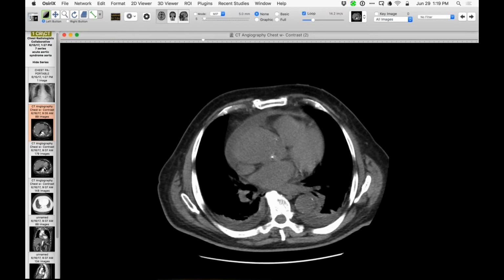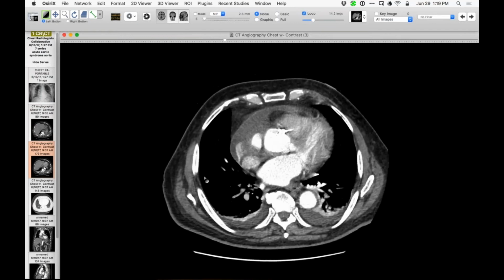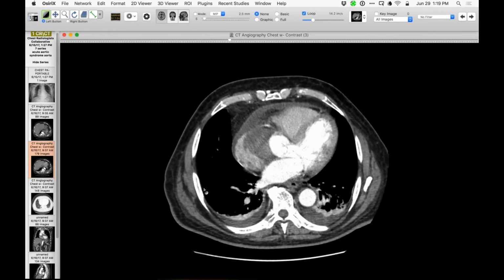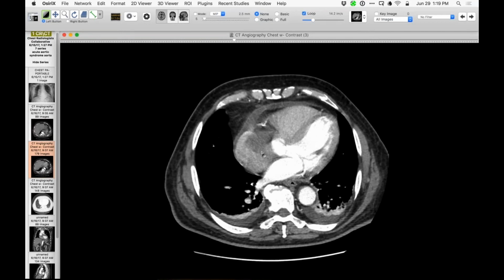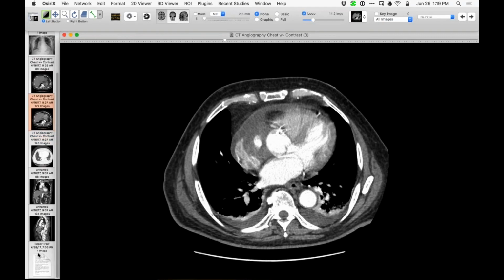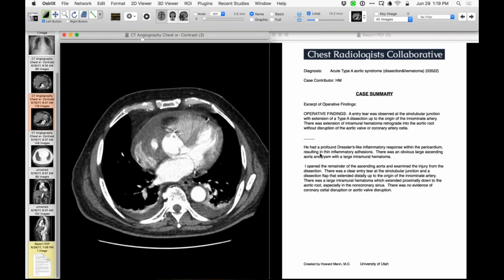And then going again now to the contrast sequence of the same exam, you get a feel for where the contrast is and where there is some pathology without contrast, like down here. So I thought that's a really interesting configuration. Here's the op report. Interestingly, he had pericardial fluid, and I'm not sure what prompted the surgeon to make that comment, but that's interesting.